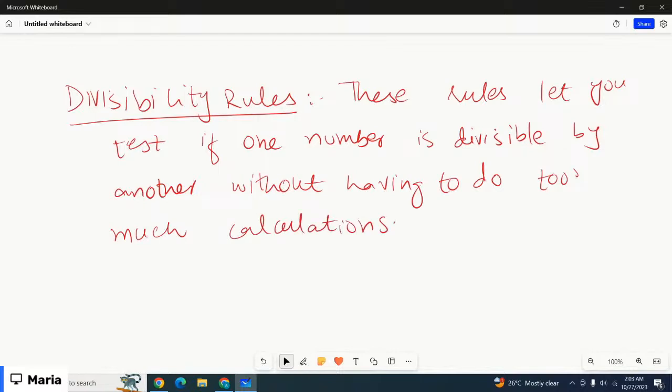This is the definition of the divisibility rule. That means you don't have to actually divide. You need to apply some rules, and you know if one number is divisible by another.